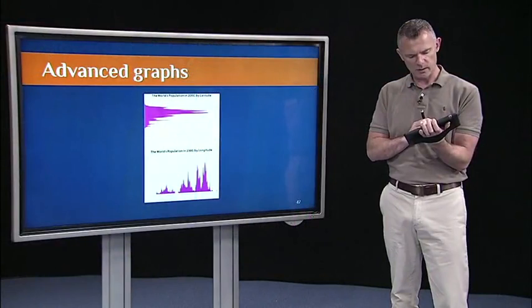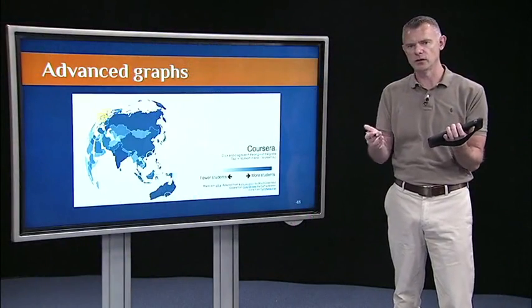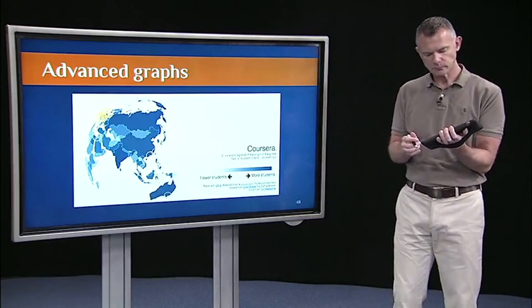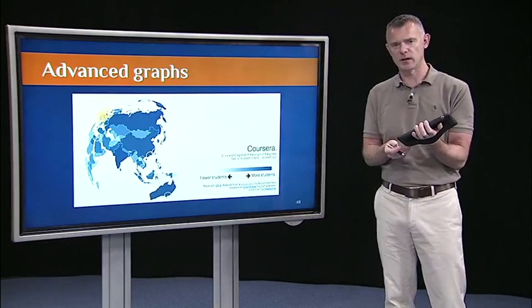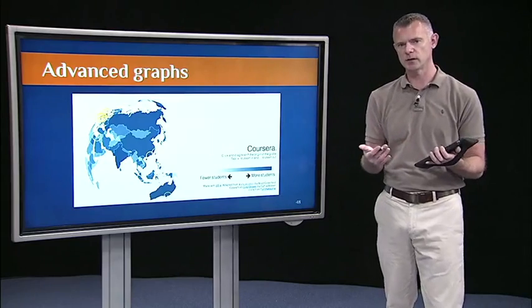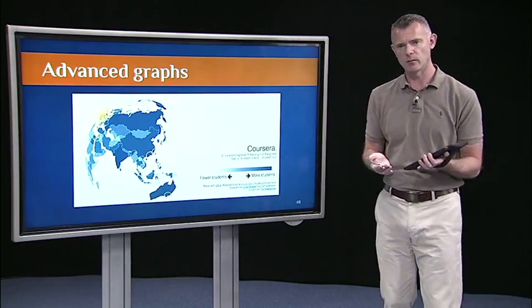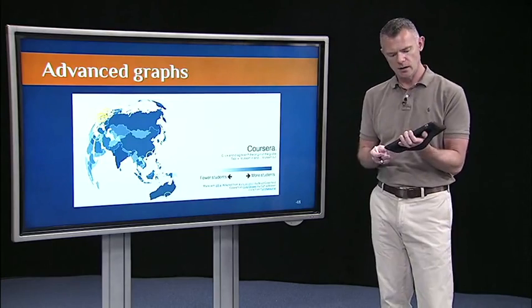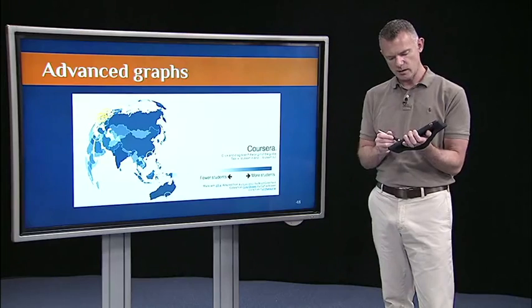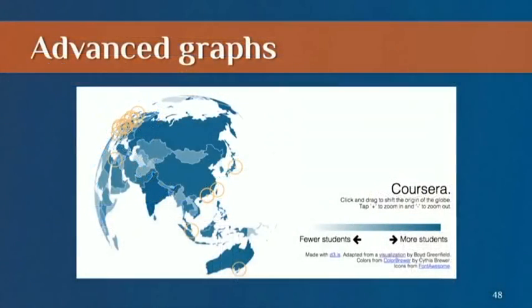Just one more example of advanced graphics that you can do. There's lots of these available on the internet. This one is right on Coursera's homepage. If you want to know more about where Coursera students are logging in from and where their country of origin is, you can look at this graphic by Coursera. What Coursera did is they just plotted around the globe.